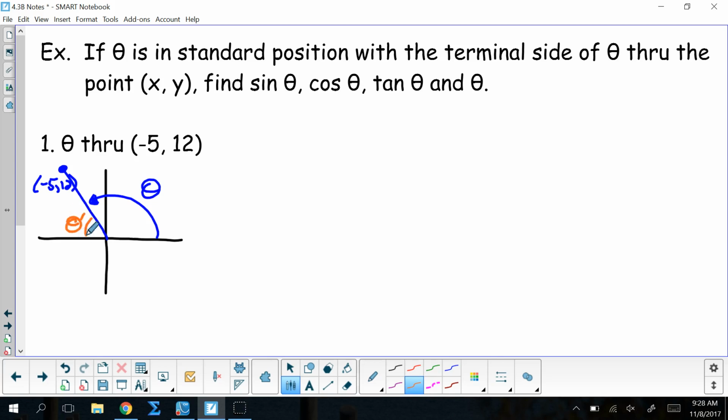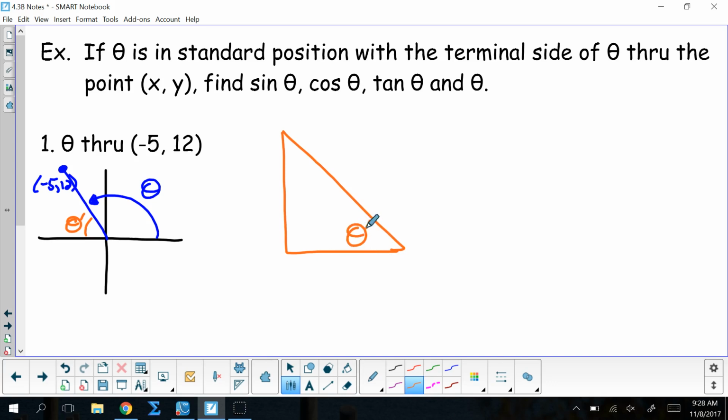With me on that? Yep. Okay. So now, if I break out that triangle, here is my theta prime.